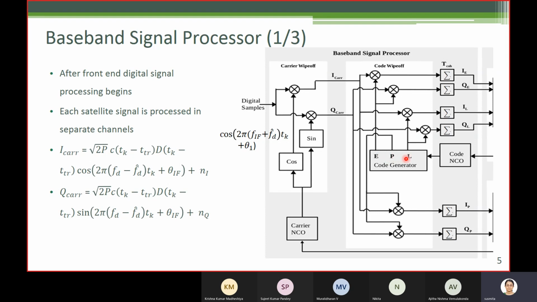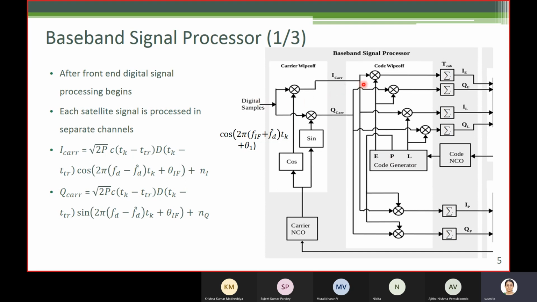Why three codes? I already explained once, but I will explain again in the next slide. Just note that three different replica codes are generated internally by the receiver. They are called early, prompt, and late codes.